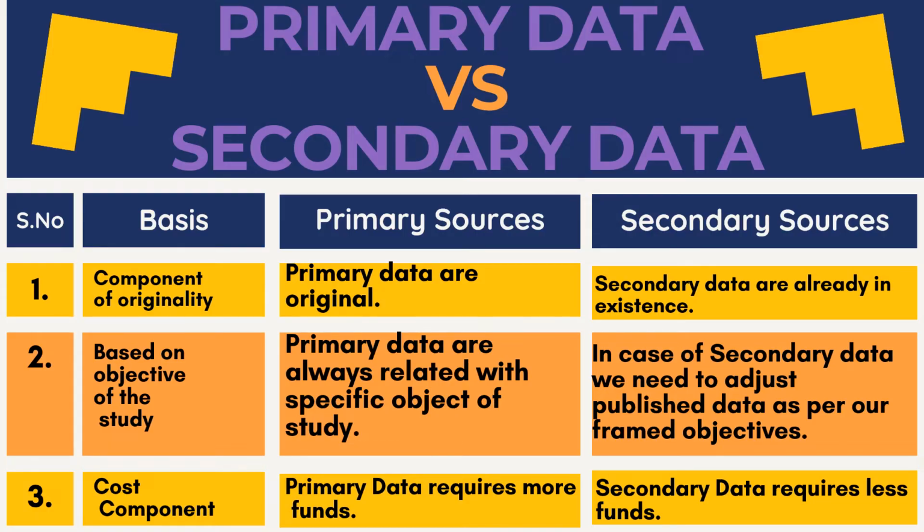Okay, now let's move to the third point, the cost component. What is the cost of collecting data at primary source or at secondary source? Cost of primary data is more, while in secondary data collection we require less funds. So primary data collection is costly and secondary data collection is not that costly.